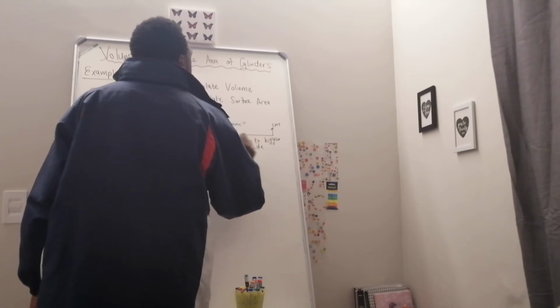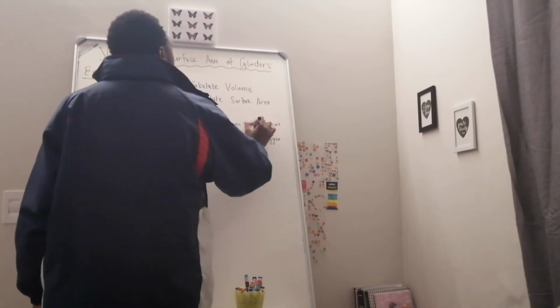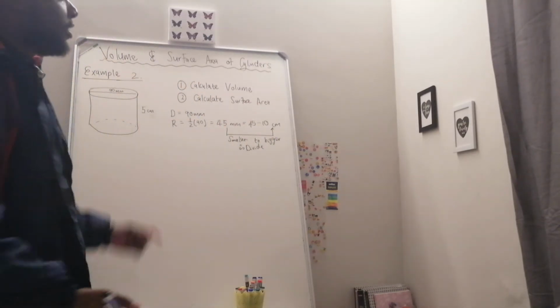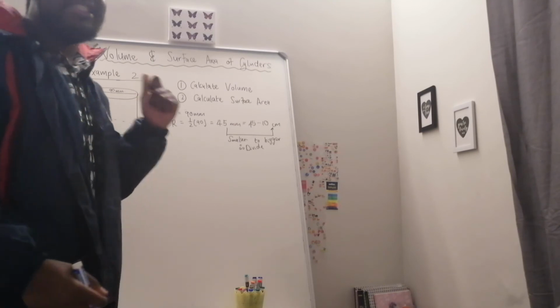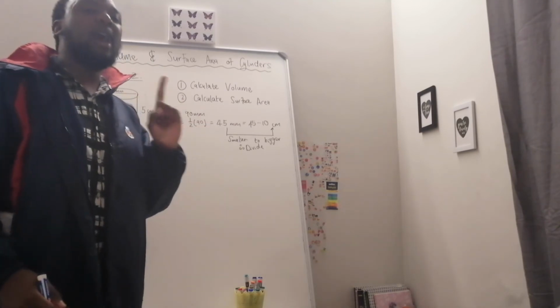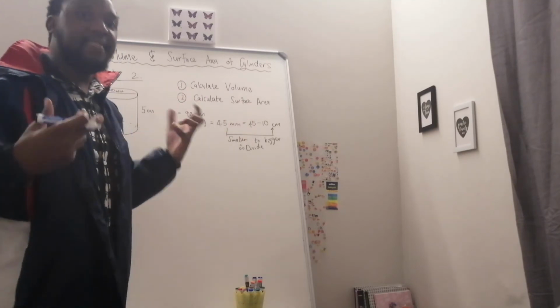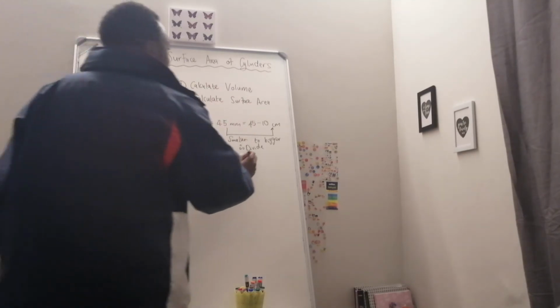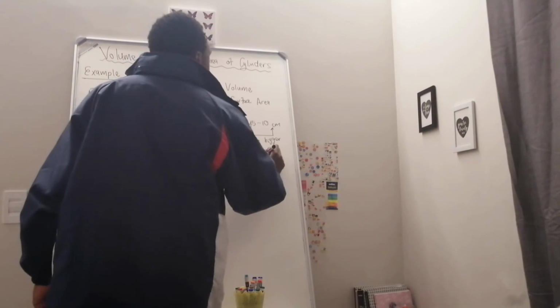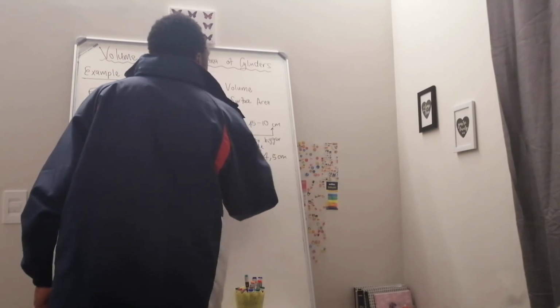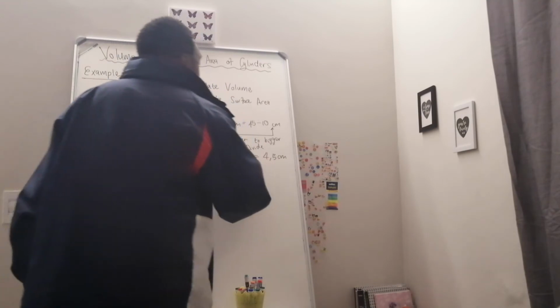So I say 45 divided by 10. Why 10? Because I know there's 10 millimeters in 1 centimeter. So I divide by 10. So 10 is the factor. Divide by the factor, what do I get? I get 4.5 centimeters. That's my radius.